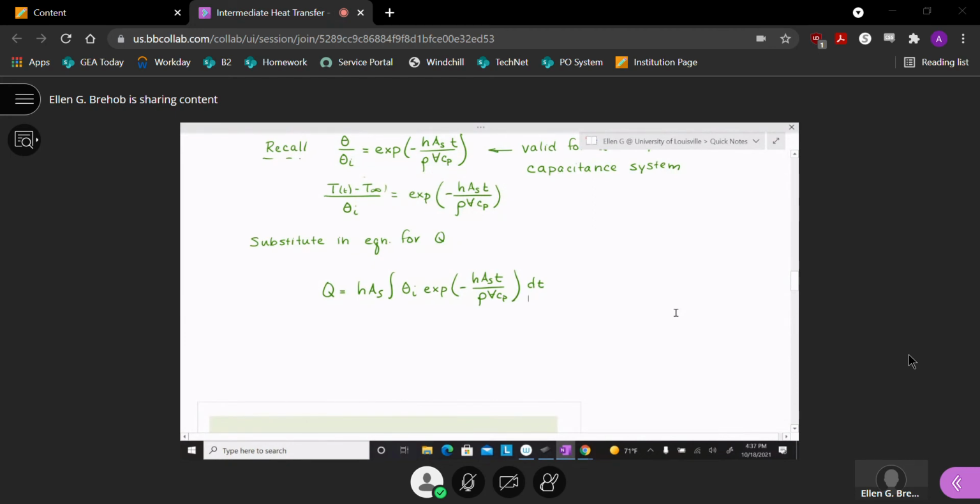I have to remember my rule that the integral of e to the u du is equal to e to the u. So if I make all of that term in the bracket u, I get exponent of u, then du is equal. All these things are constant, just my t.